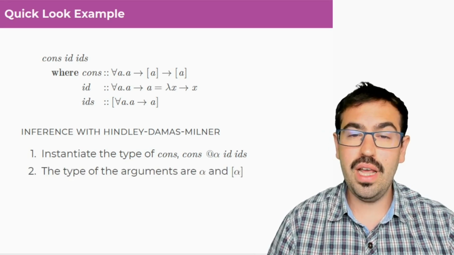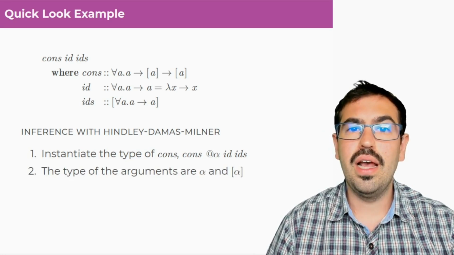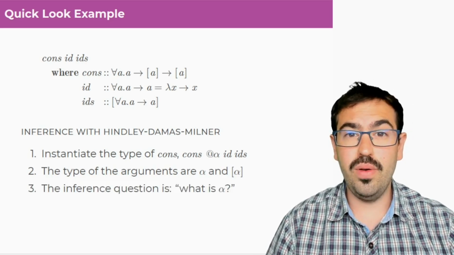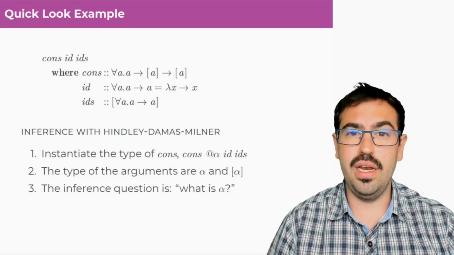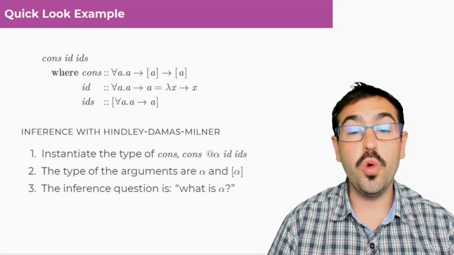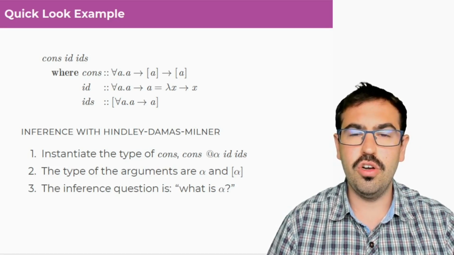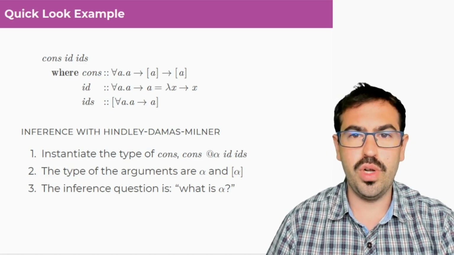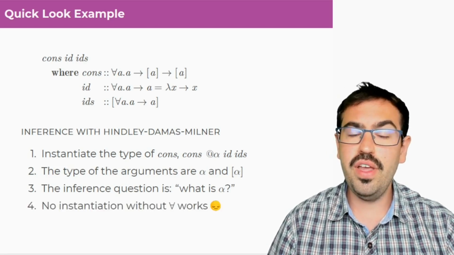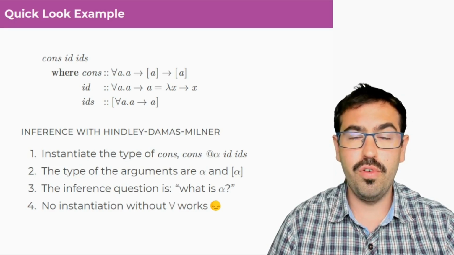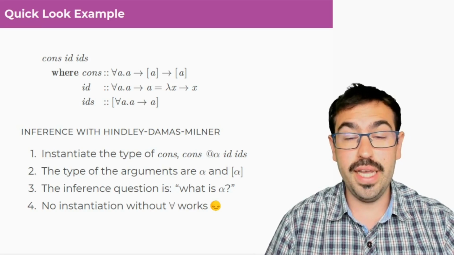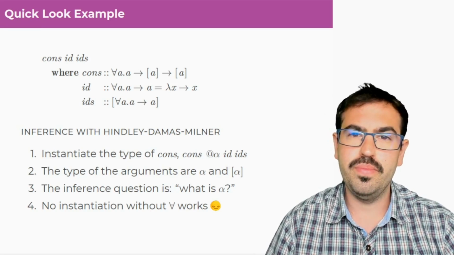The types of the arguments are then alpha and list of alphas. The question now is, what is alpha, of course? If you have a declarative spec, maybe you guess the instantiation, or if you have a type inference engine, the type inference will do unification and try to figure this out. But the thing is, no instantiation with a non-for-all type works. So this example is rejected by Hindley-Damas-Milner.